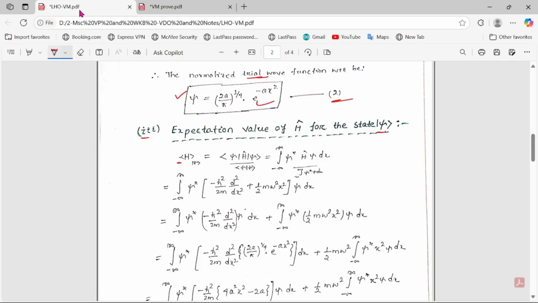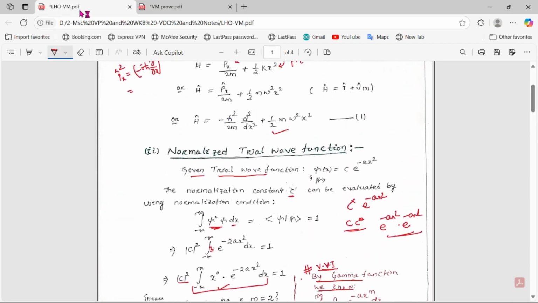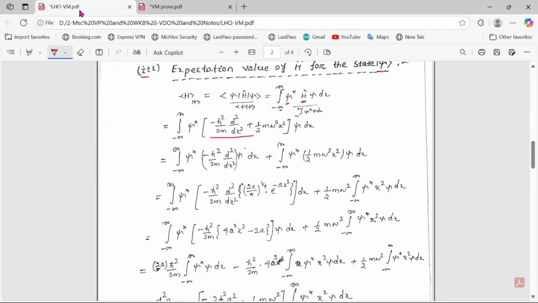So now only the numerator we have to write: integral from minus infinity to plus infinity of psi star H cap psi dx. H cap means the Hamiltonian operator. How much do we have? Minus h cross square by 2m d square by dx square plus half m omega square x square, same as written over here, psi dx.